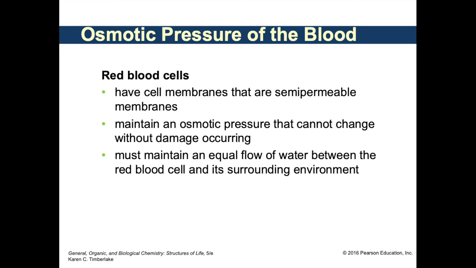This is the reason why when you give a patient a saline solution, you've got to make sure that it matches the concentration of their blood, because water will leach out of or oversaturate your patient's cells if they don't have the right saline solution. So let's use red blood cells here as an example to see what happens to cells in general when they're put in solutions of different concentrations.